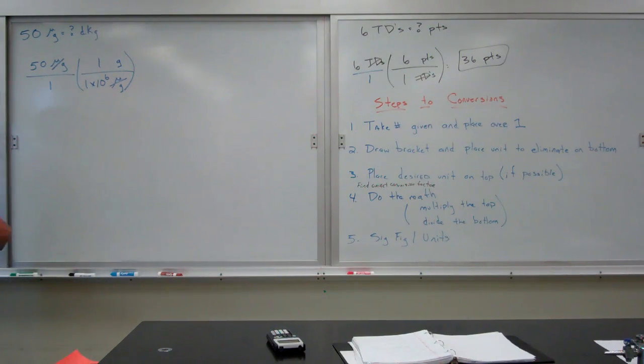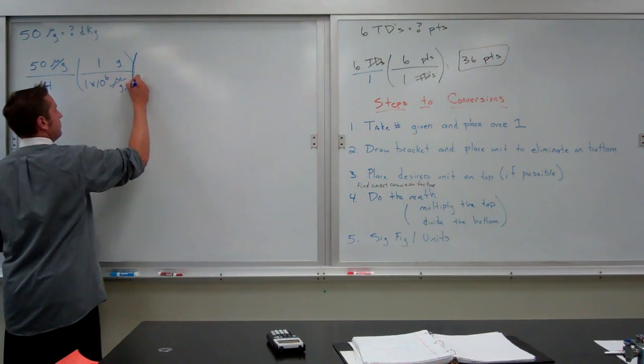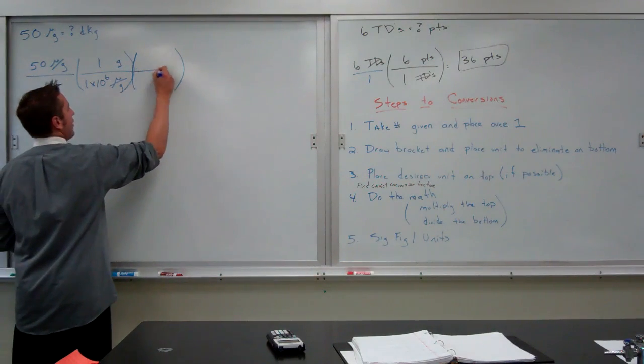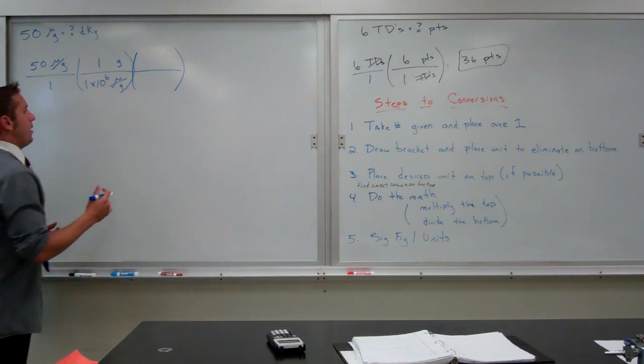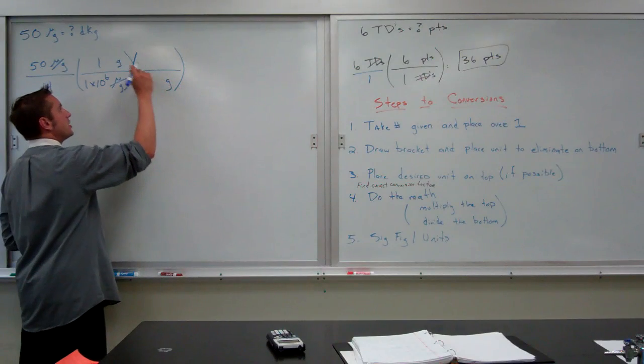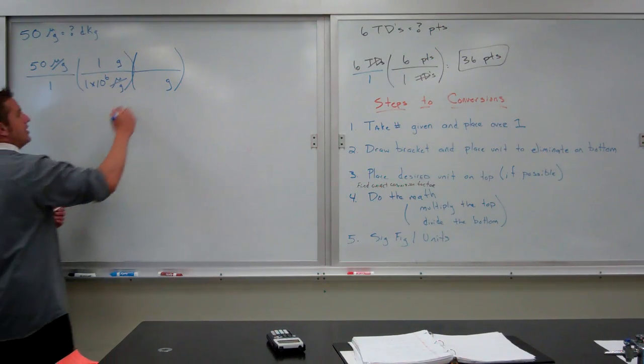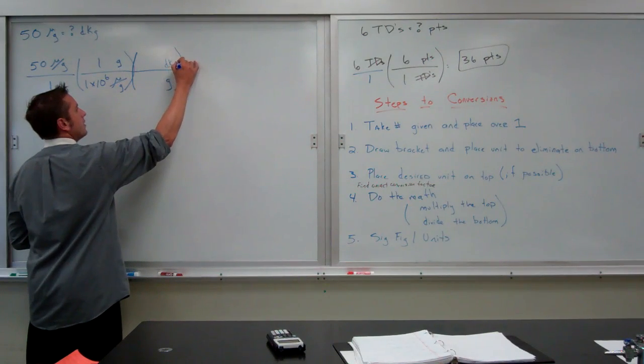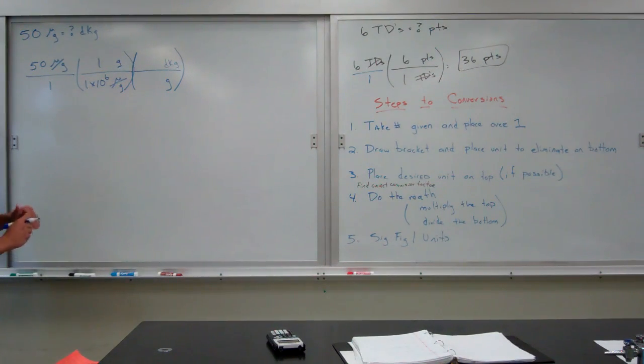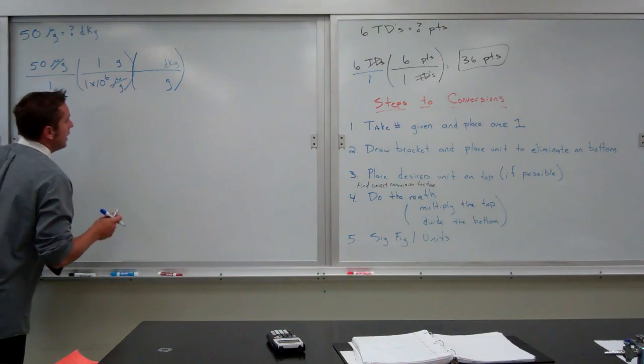Then what I do is I try again. I draw another set of brackets. I put what I'm going to get rid of on the bottom, which is now grams. And I try to find a relation between grams and decagrams. All right, one line that has a relation between grams and decagrams.